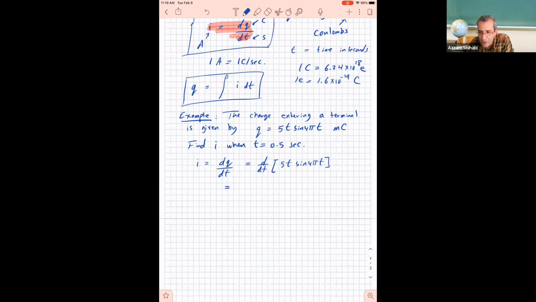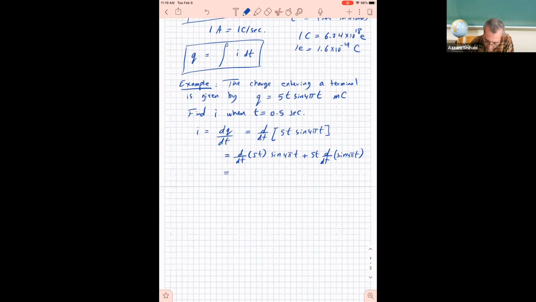So we're going to use the product rule for differentiating. So the derivative of the first, 5t, times sine 4 pi t, plus 5t times the derivative of sine 4 pi t.